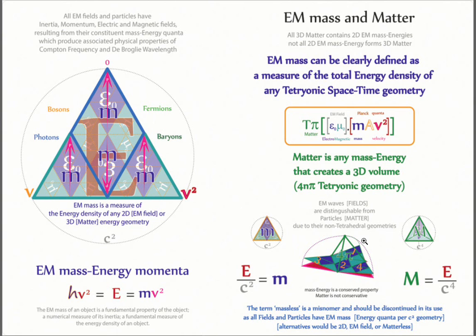And this becomes extremely important when we're talking quantum gravitation, for example. The ability to distinguish between mass and matter and energy in all its forms is critical to understanding gravitation. Again, irrespective of what field you're describing, the energy momenta of each charge geometry or each field is described through E equals mv squared, or its quantized equivalent, h nu squared.